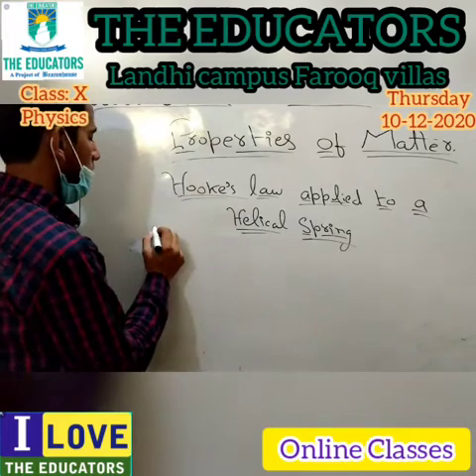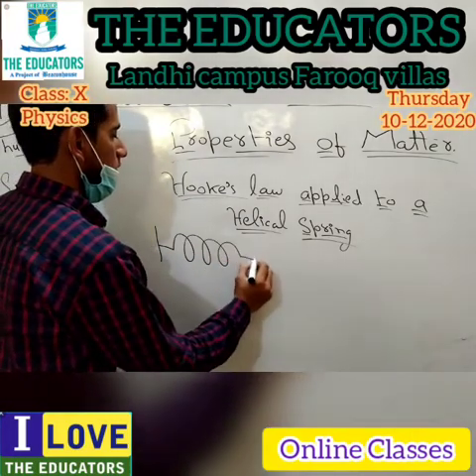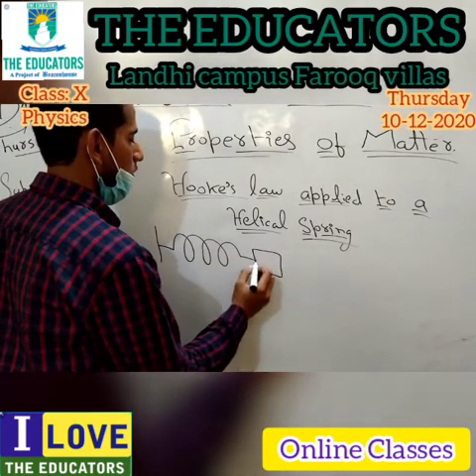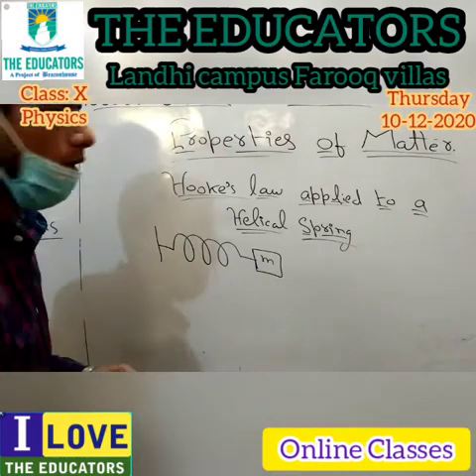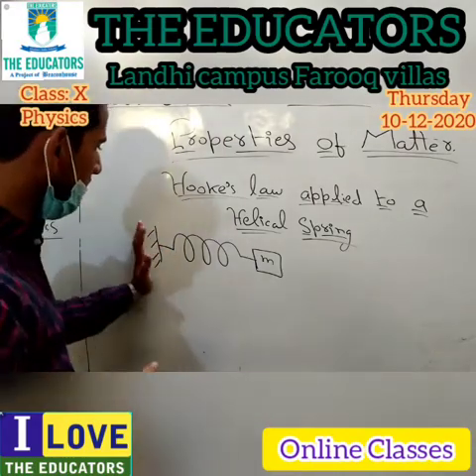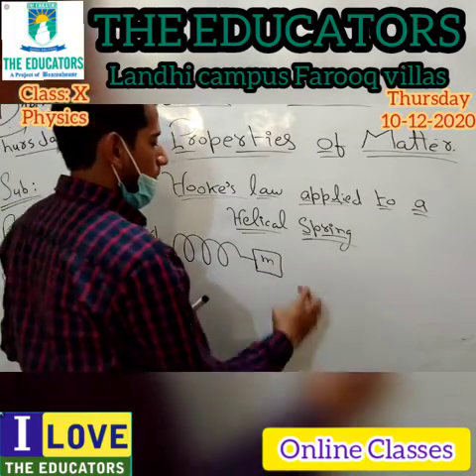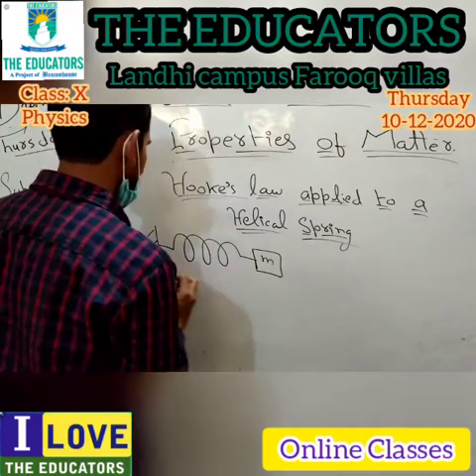I'm drawing it here. There is a spring, and I have attached a block of mass m here. This surface is rigid, which means it's fixed here. Now what if I apply a certain stress here? What if I bend this spring?